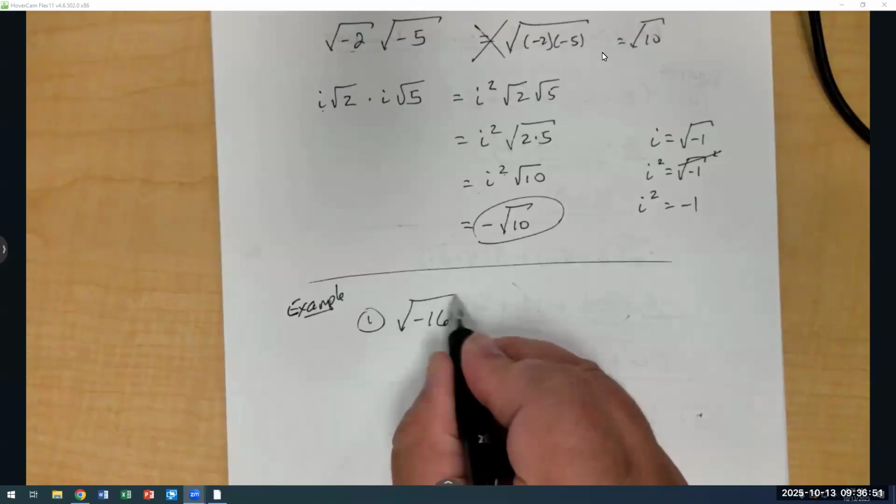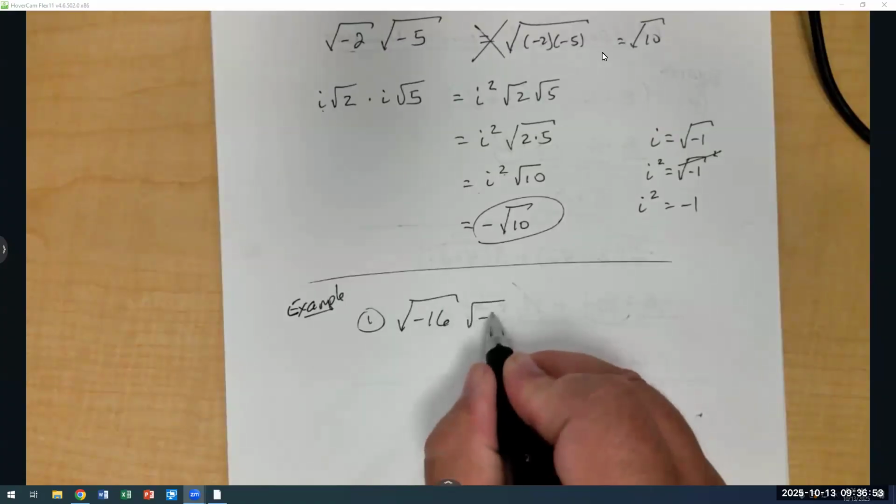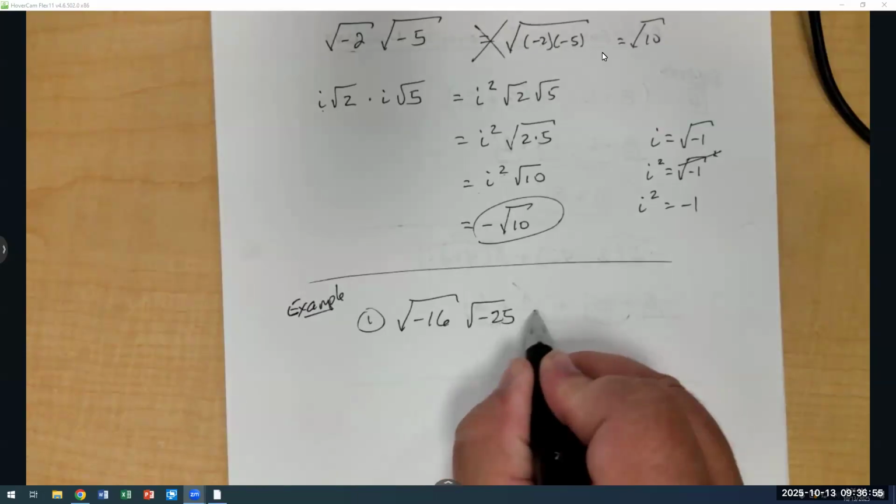Square root of -16 times the square root of -25.